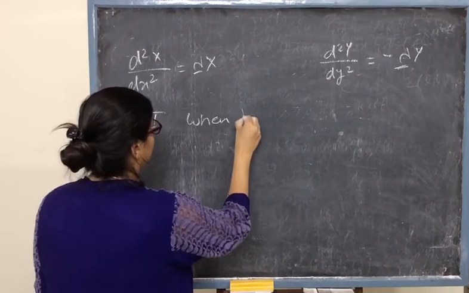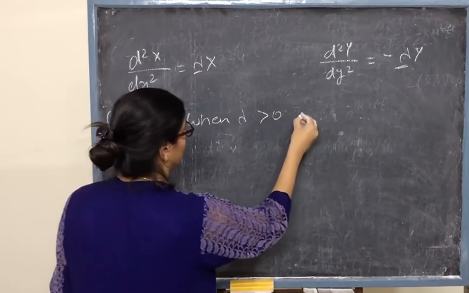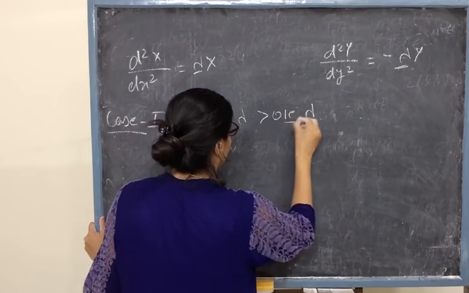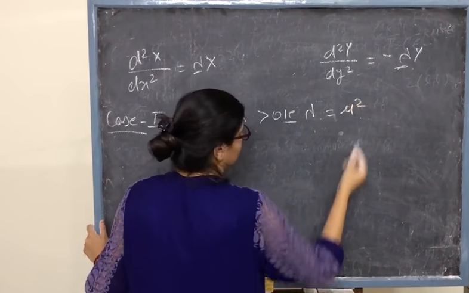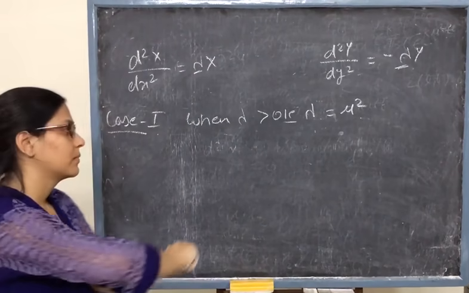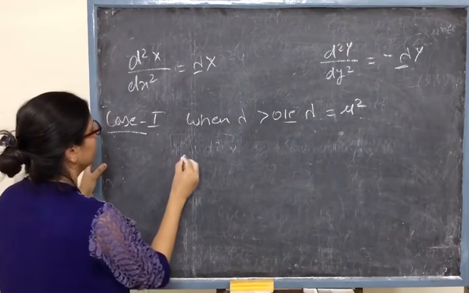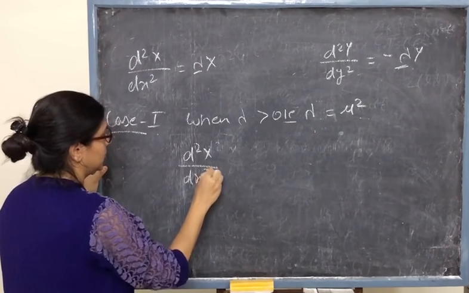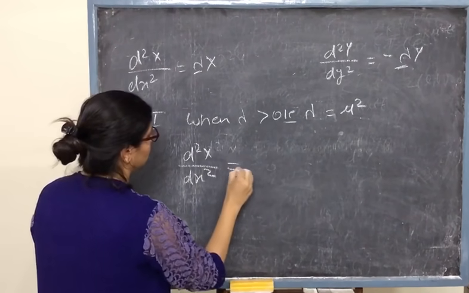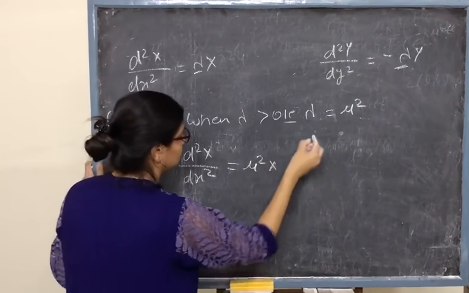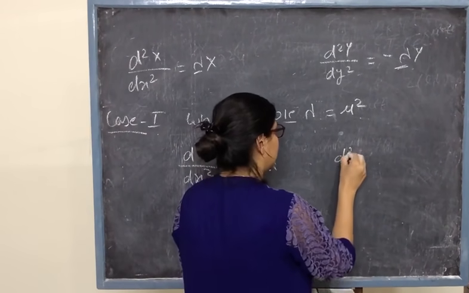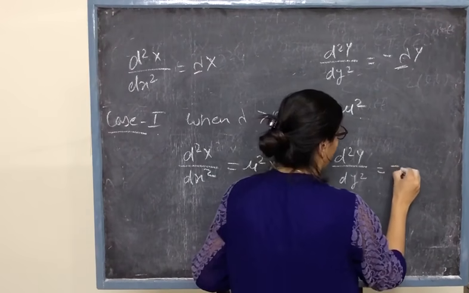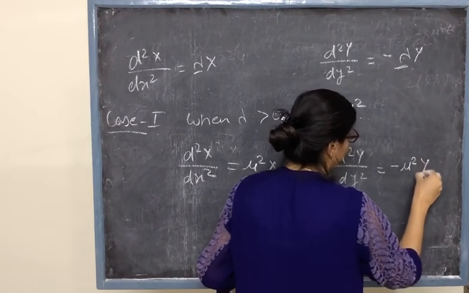When lambda is greater than 0, or we can say lambda is positive, or lambda equals some μ², then we can write d²X/dx² = μ²X, and d²Y/dy² = -μ²Y.